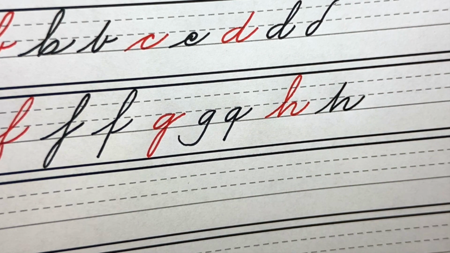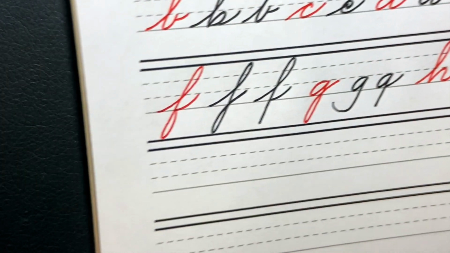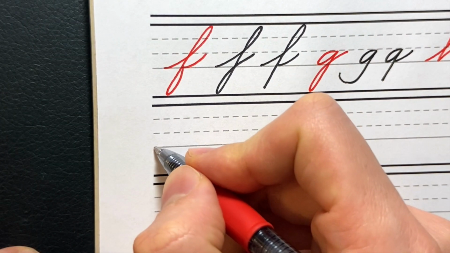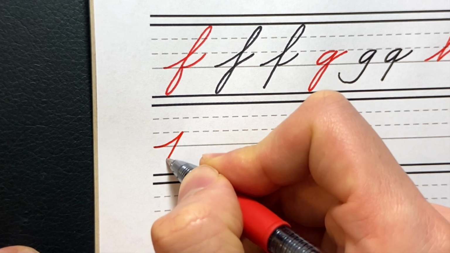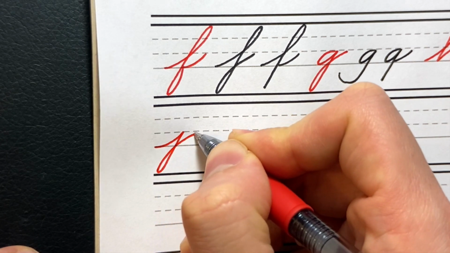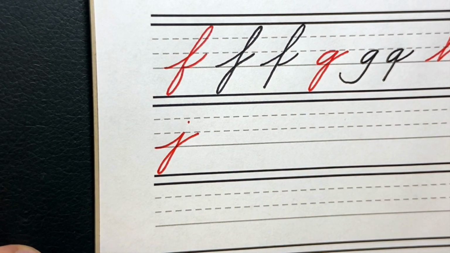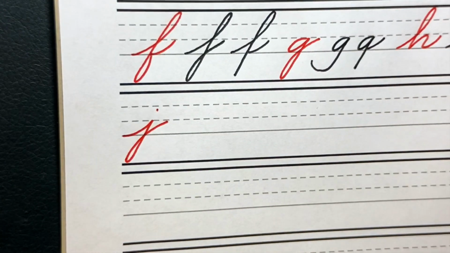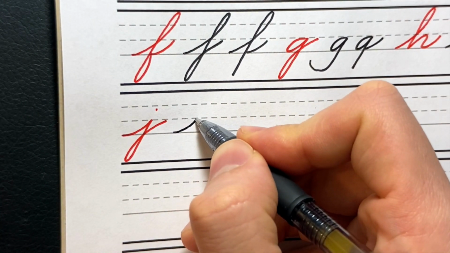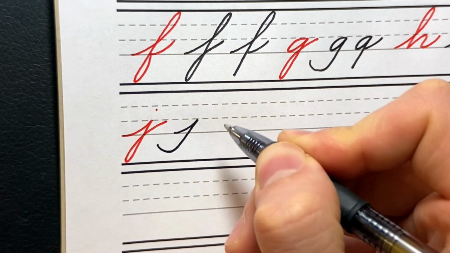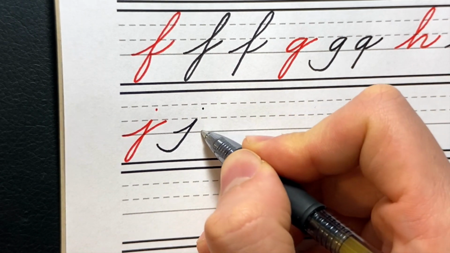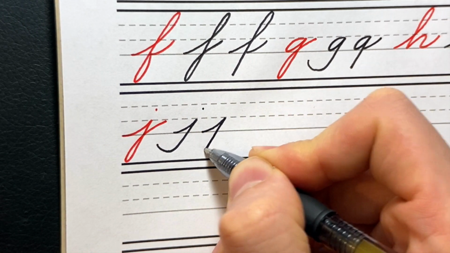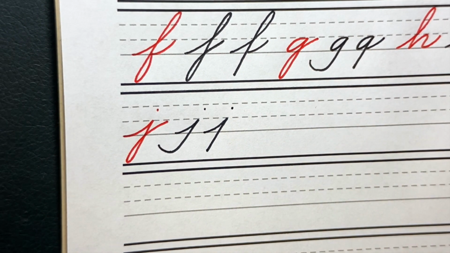All right, no variation on the I, so we'll go straight to the J. Here's our standard J with a loop, descending loop. And similar to the G, you could do this hooked descending J like this, or you could do the abbreviated unlooped J like that.